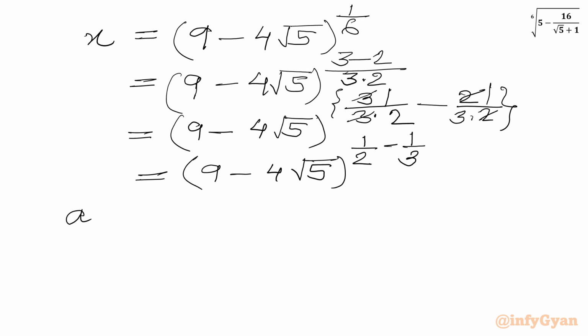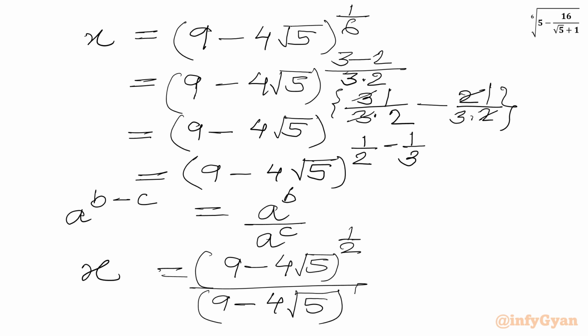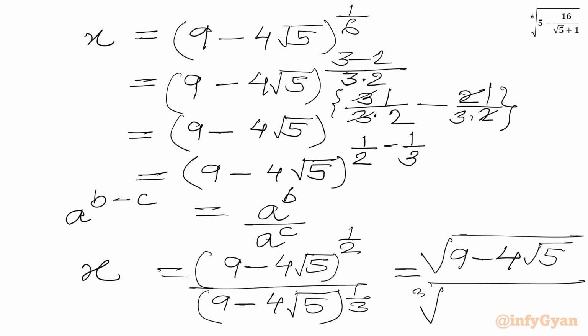Now we know that a power b minus c can be written as a power b over a power c. Let's apply. X will be 9 minus 4 square root 5 with power half over 9 minus 4 root 5 with power 1/3, or we can write the square root of 9 minus 4 root 5 over cube root of 9 minus 4 root 5.